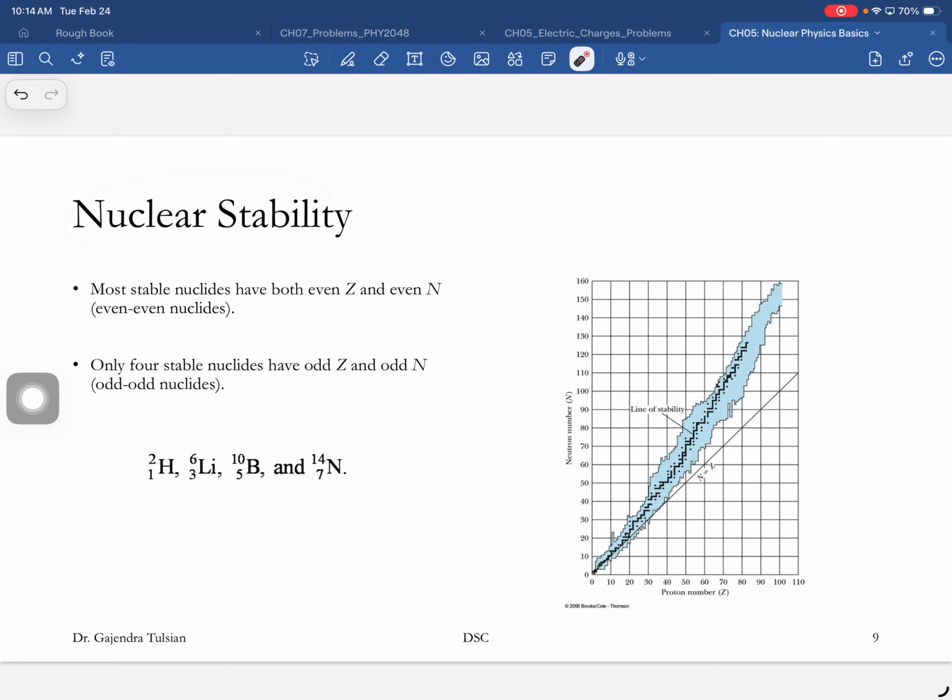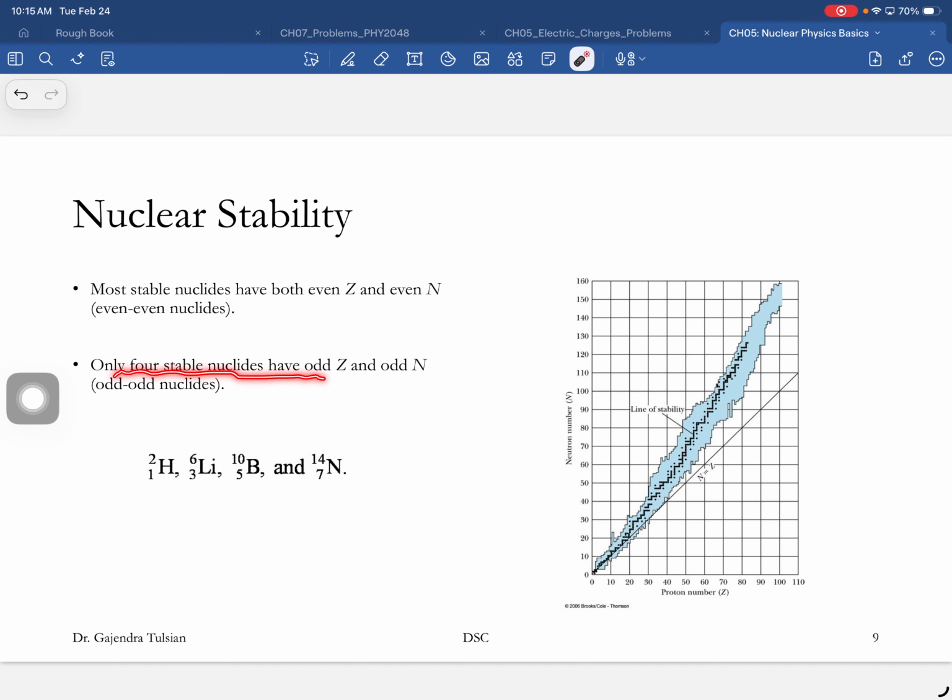So nuclear stability. Those guys are stable nuclei. Most stable nuclides: if a nucleus is stable, it has both an even number of protons and an even number of neutrons.